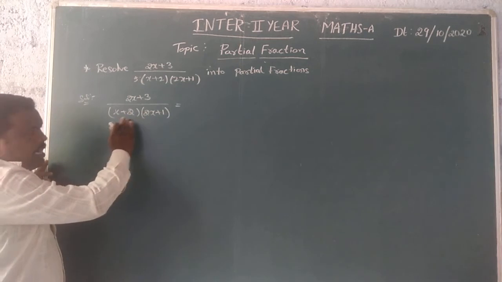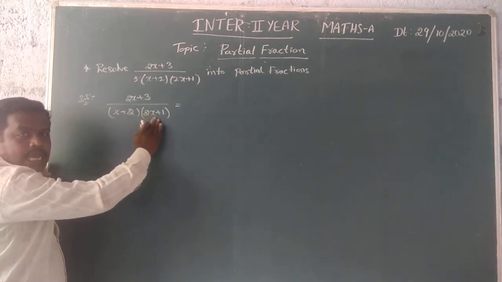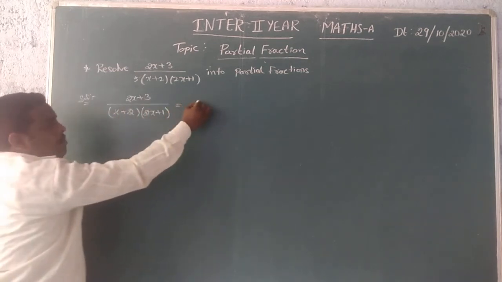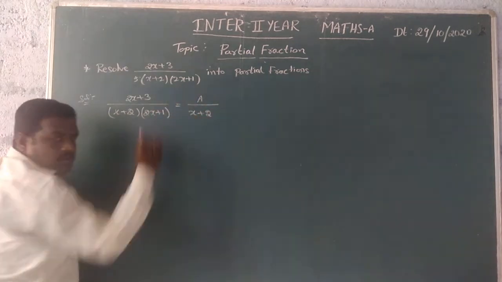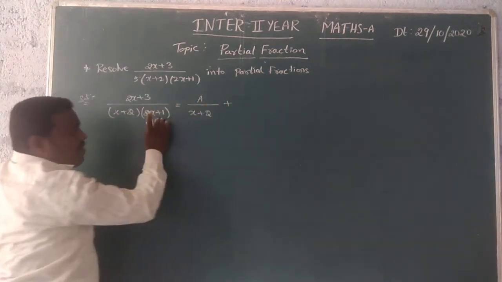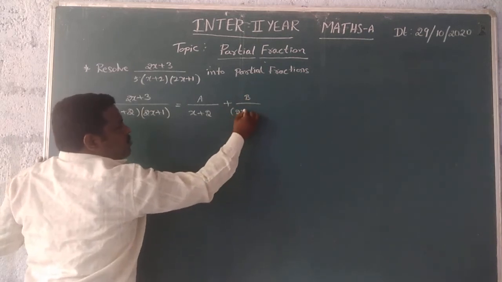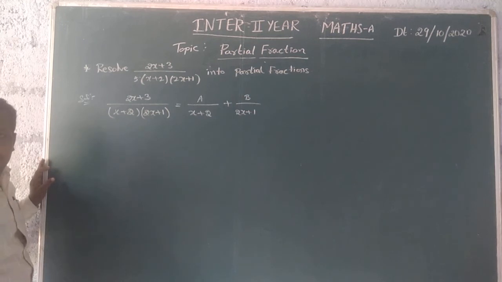the denominator contains 2 factors. These 2 factors are linear factors and non-repeated factors. So, the partial fraction form is a by x plus 2 plus, for the second factor, b by 2x plus 1.